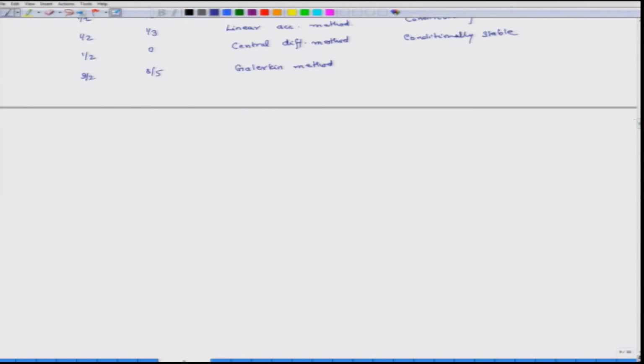So, this Galerkin method is again stable, and another value could be 3/2 and 2. This is known as the backward difference method. And this is also stable.